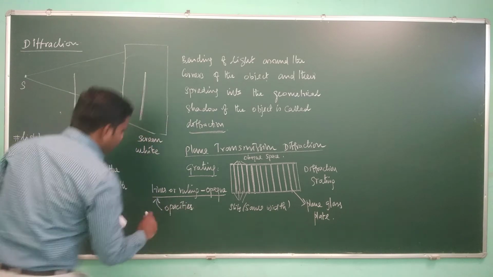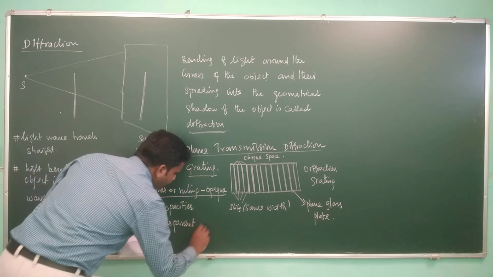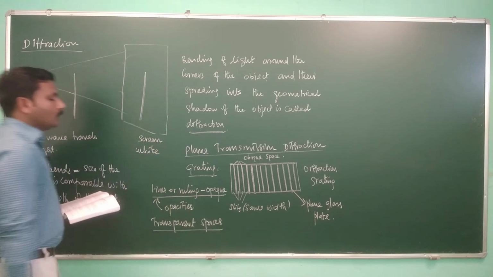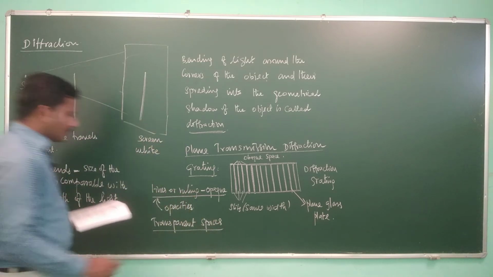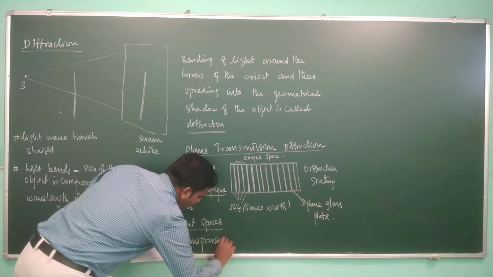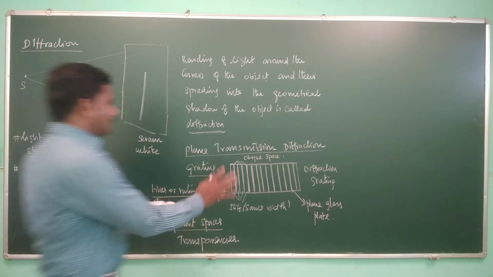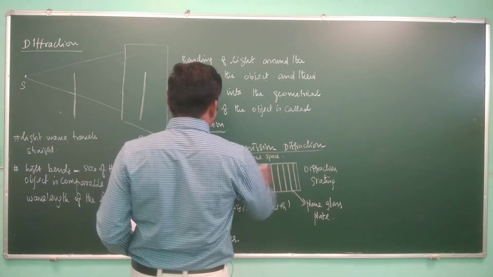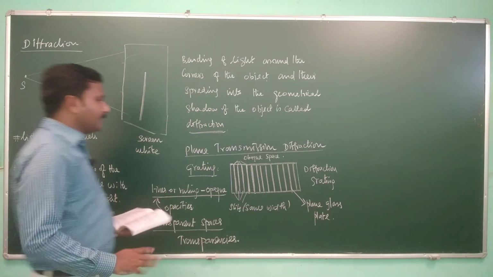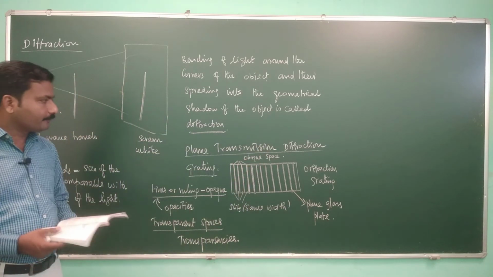And the transparent spaces between the rulings are called transparencies. Okay, such a setup is called a diffraction grating or transmission grating.